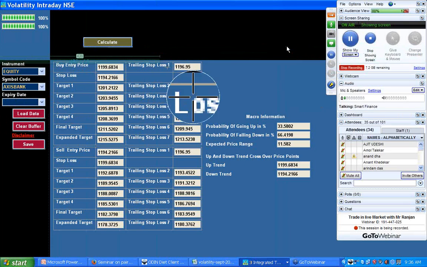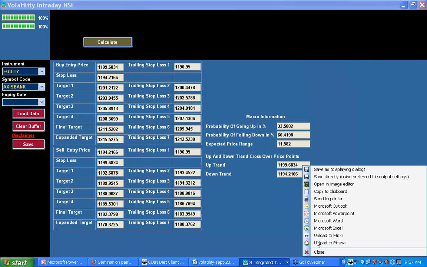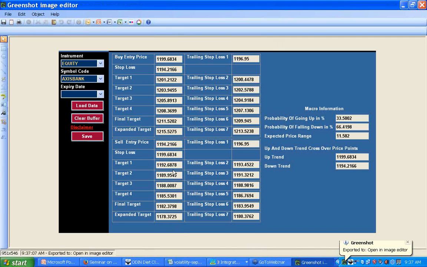For Axis Bank, I am getting this information: buying Axis Bank at 1200, keeping a stop loss at 1194. If I am buying at 1200, I'll have the targets till 1215, and if I am selling Axis Bank at 1194, then I will have the probability to touch near about 1178.